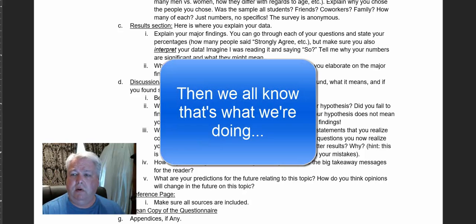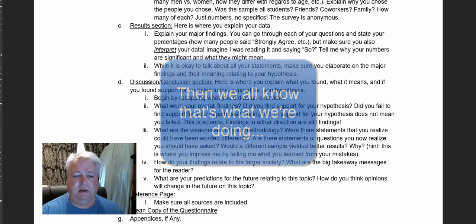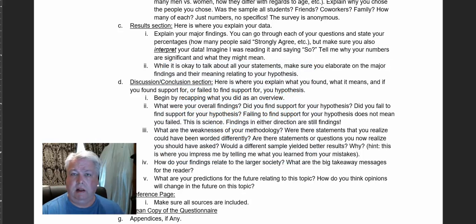At the very least, if you do it that way, then I at least know that you're doing some analysis, because you're going to start off each one. Say you decide you're going to talk about your first statement. First thing you're going to do is talk about what that statement was. You're going to explain it.